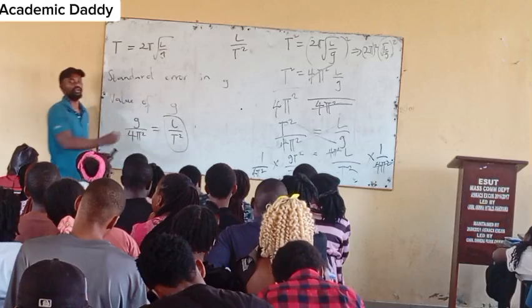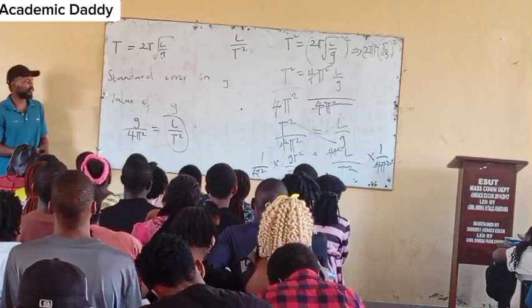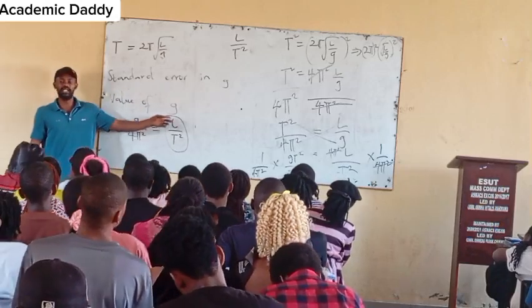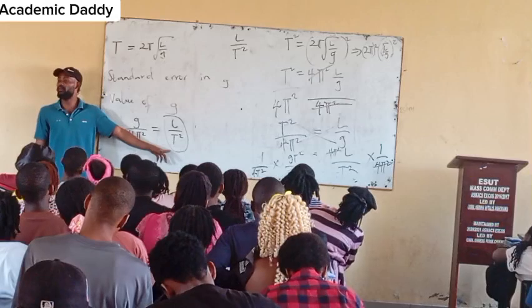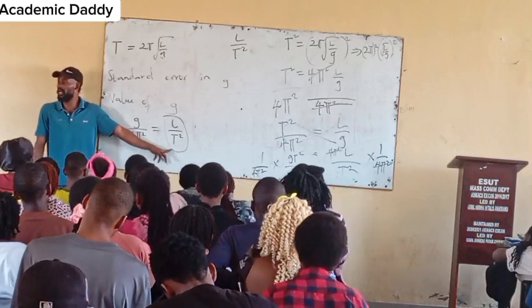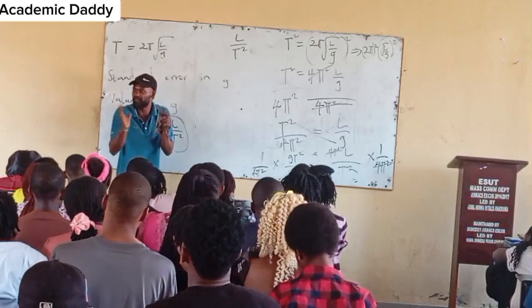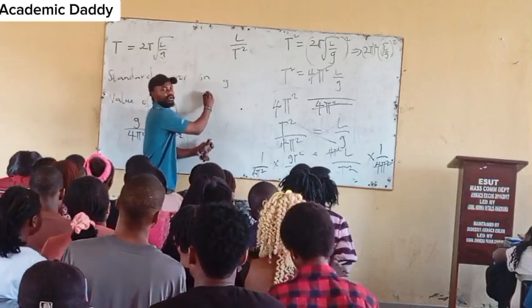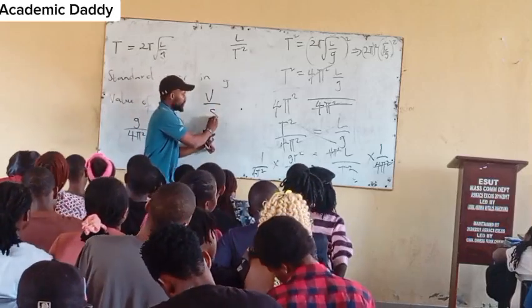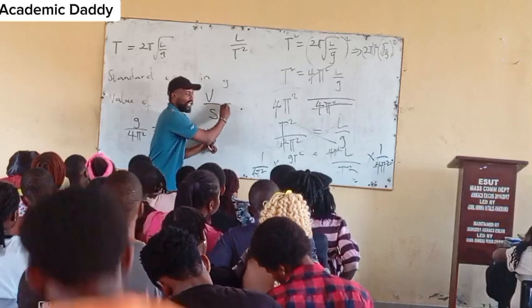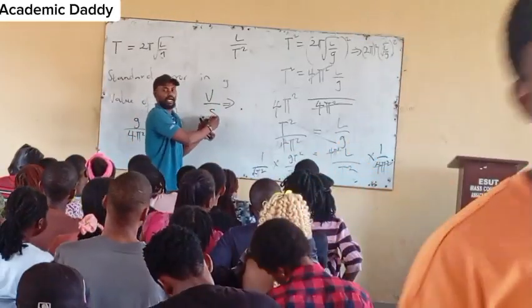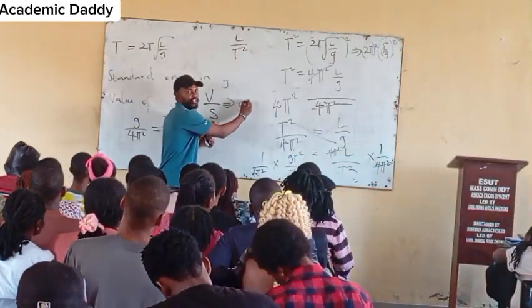Does this look like what we did when we did our graph? The slope was the length over T squared. We know that on our graph, for example, if I have velocity over seconds, the gradient, the slope of a velocity-time graph, is acceleration.